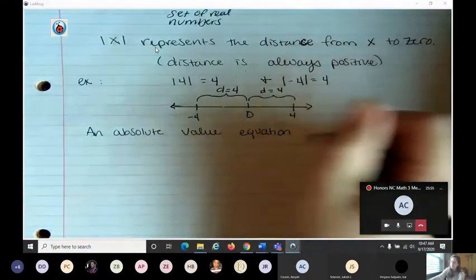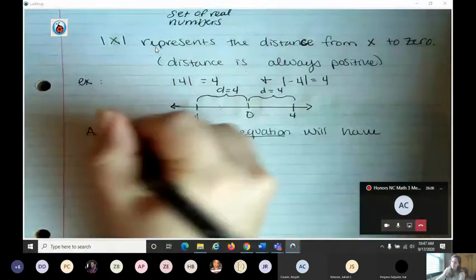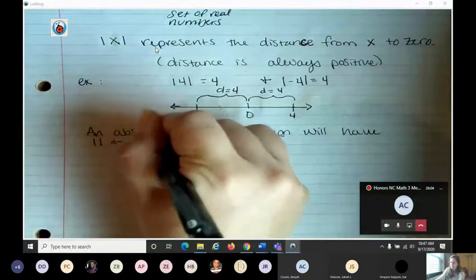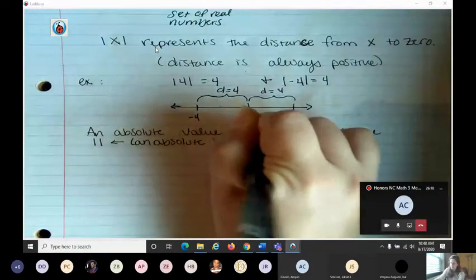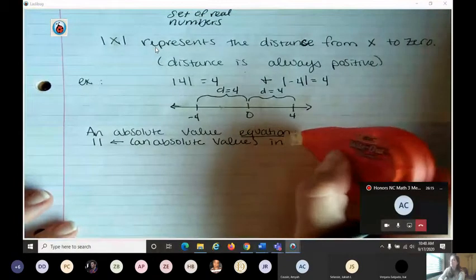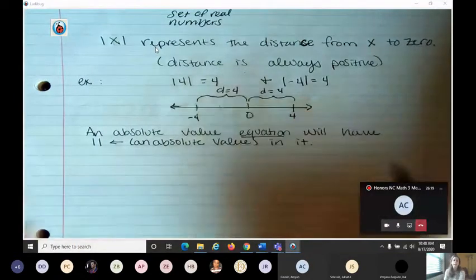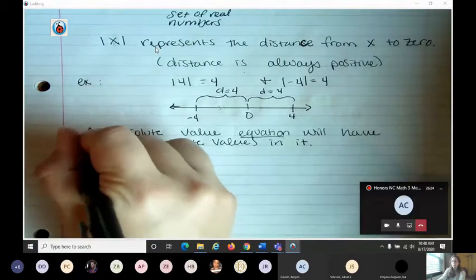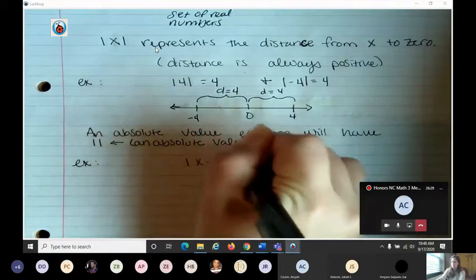That's what defines an absolute value equation, is that it has absolute value bars in it. Okay. So an example of an equation like this would be the absolute value of x plus 3 is equal to 7.